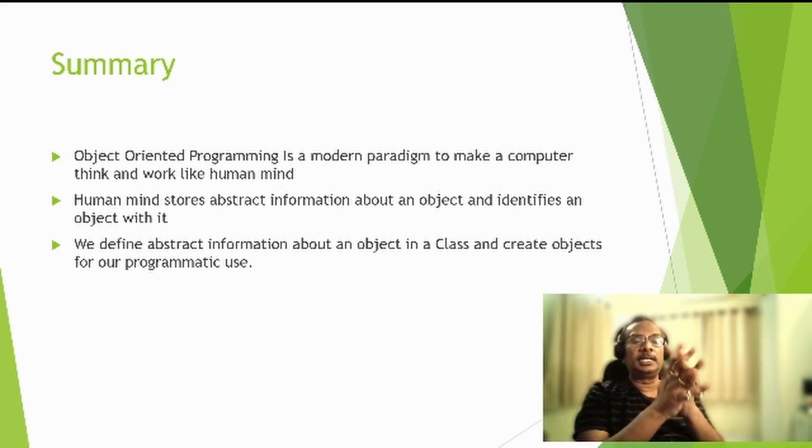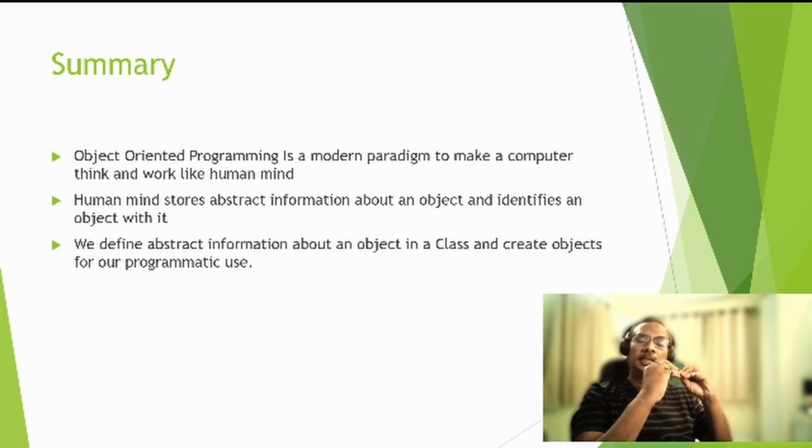So basically the object was doing the functions of storing and retrieving data from memory. So this is how we define a class, and then we use it to create an object.